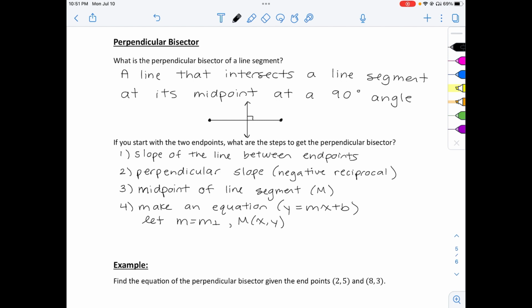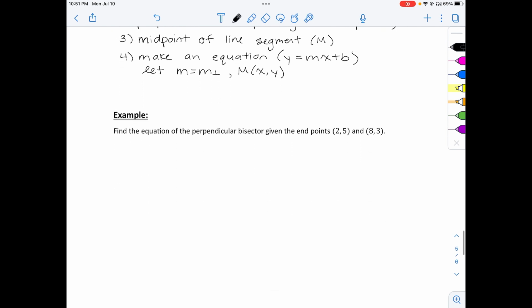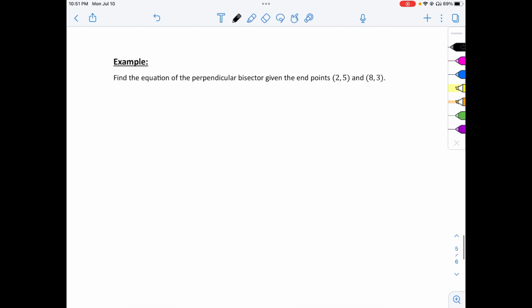So if we look at an example of this, if we have the endpoints 2, 5 and 8, 3, we first are going to find the slope. And again, we do that by using our slope formula, which is lowercase m is equal to y2 minus y1.